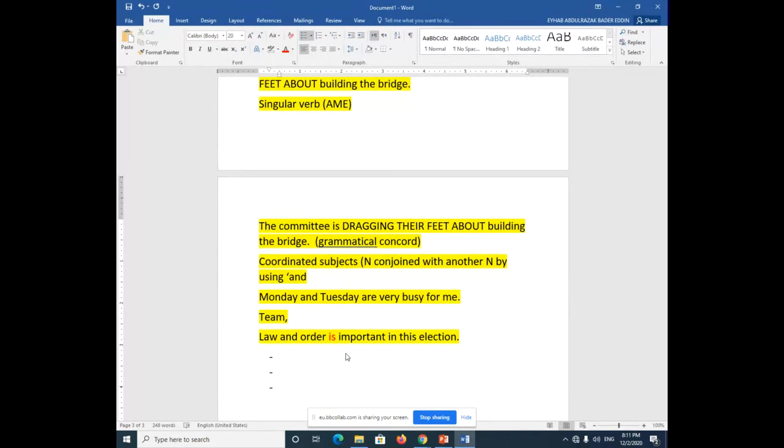Well, this actually depends on how we look at these two separate nouns. Do we look at them as one thing or as separate issues? If we look at them as separate issues, then we use are. If we look at them as one thing, then we use a singular verb. Okay? Is it clear now?